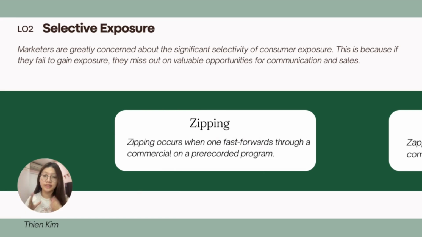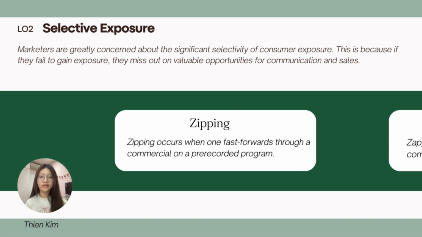Selective exposure is the theory that marketers are really concerned about the significant selectivity of consumer exposure. This is because if they fail to gain exposure, they miss out on valuable opportunities for communication and sales. Marketers are really concerned about the extent of media exposure.